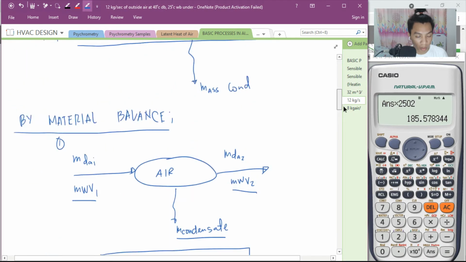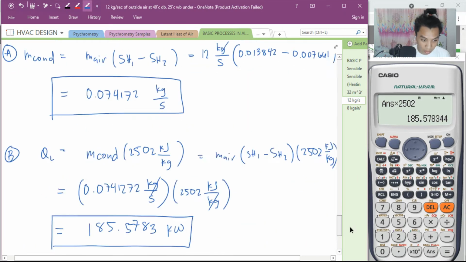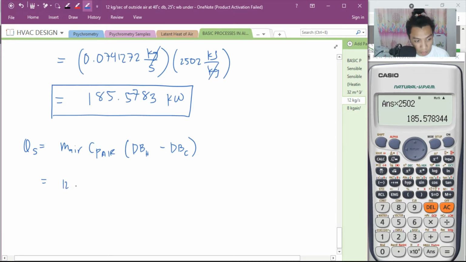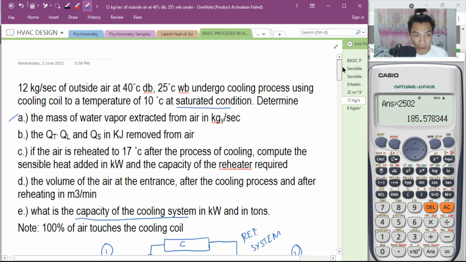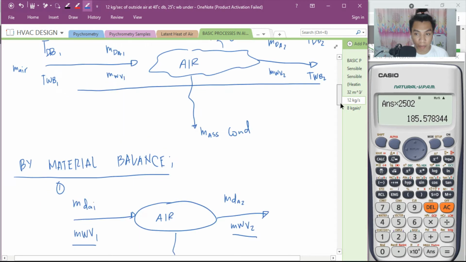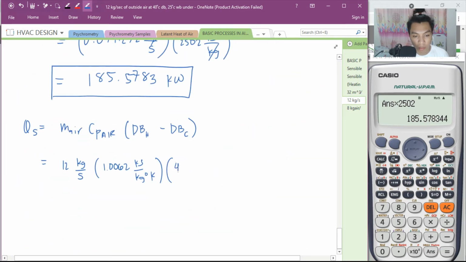Ayun, 12 kilograms per second. 12 kg per second multiplied to 1.0062 kilojoule per kilogram degree Kelvin multiplied to dB. Dry bulb niya is from mababa yung una pataas. Ayun, pinalamig. 40 tapos 10. 40 minus 10 degree Kelvin na to.